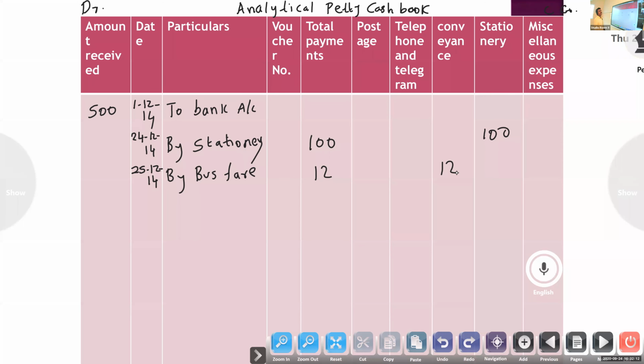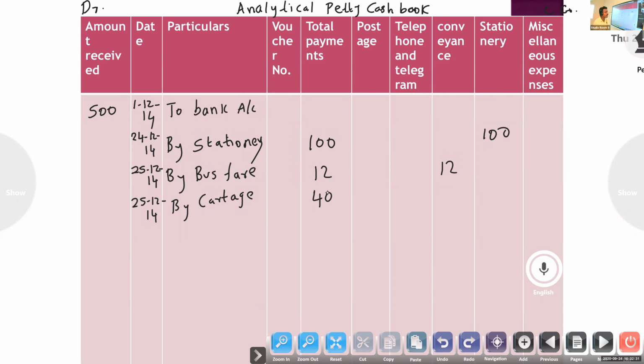Okay. Next, 25th, cartridge, by cartridge, amount 40.